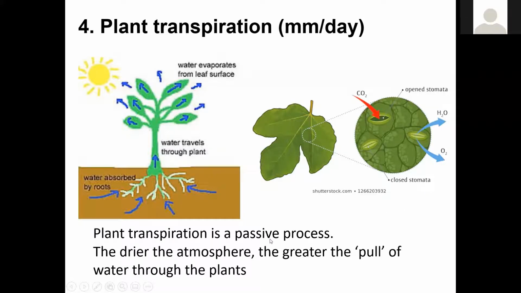Because transpiration is a passive process, and the drier the atmosphere, the greater the pull of water through the plant. So in our part of the world, through southwest Victoria, on a day where the atmosphere is really dry, particularly going into springtime, we can get 6, 7, 8 millimetres of water evaporated off a leaf in a day.